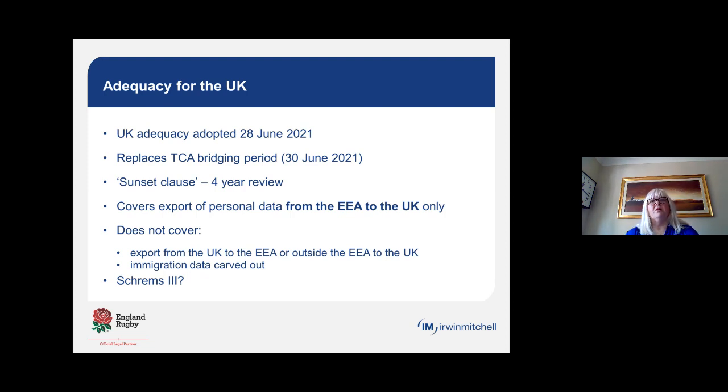I've put on the bottom of the slide whether or not the UK adequacy decision will trigger Schrems 3. We'll be talking about Schrems 1 and 2 briefly in a minute, and those of you who have any involvement with data protection, I'm sure you've all heard of Mr. Schrems. He has form for invalidating adequacy decisions, as he's managed to get rid of both EU-US adequacy decisions, Safe Harbour and Privacy Shield.